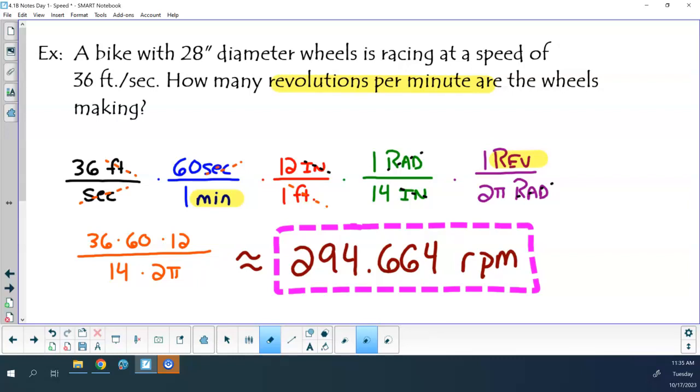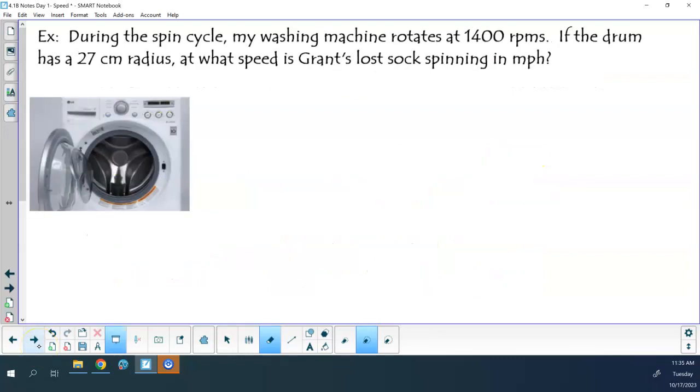Okay? 2-part question here. First part is I want you to find what speed the sock is spinning at in the washing machine.